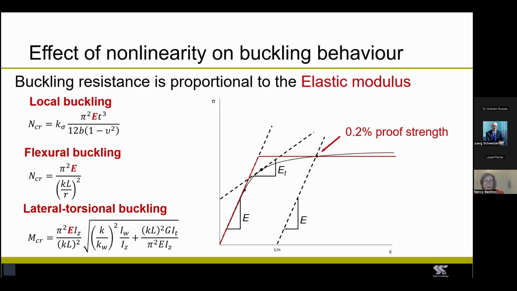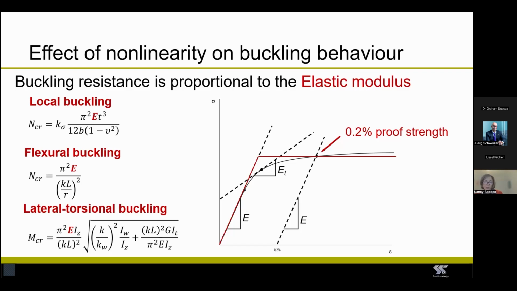Now, the initial elastic modulus of stainless steel is similar to that of carbon steel. However, you can see in the figure, it decreases gradually before the material reaches its yield strength. And because of the reduction in modulus when the stress increases, the elastic buckling resistance also reduces.